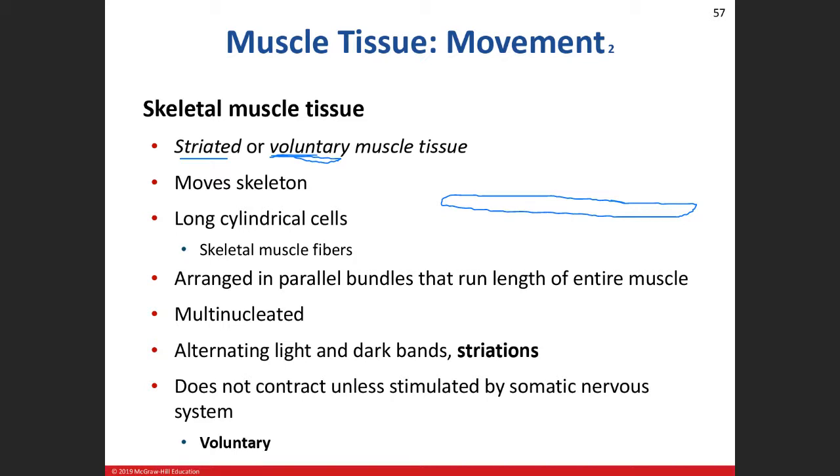And when we were developing, they all fused together, and none of them wanted to give up their own nuclei, so they kept their nuclei. It formed one big cell. And so this type of muscle tissue will have many nuclei, or what we call multinucleated. Important to know. Alternating light and dark, we talked about that, and it's voluntary.